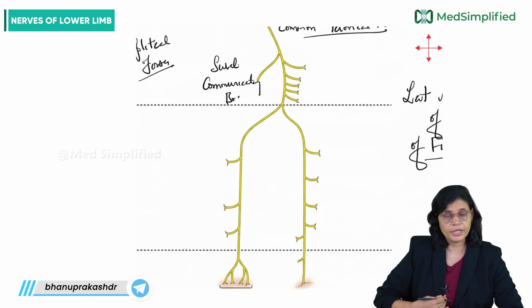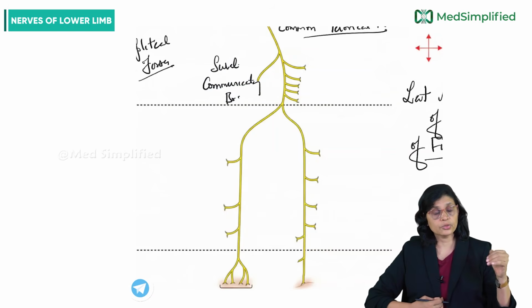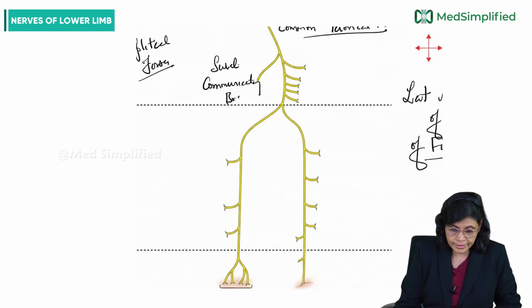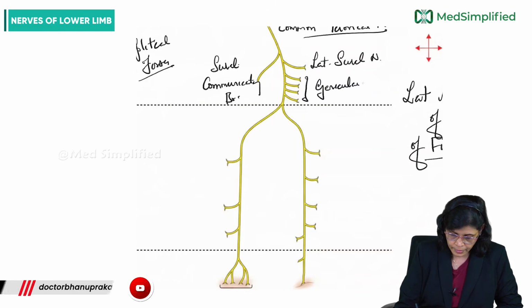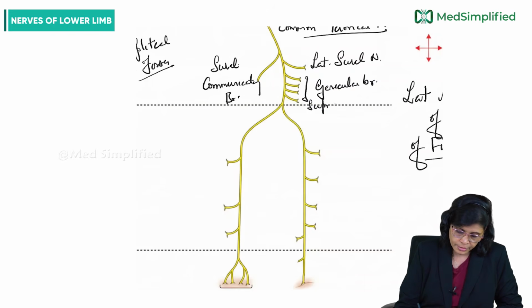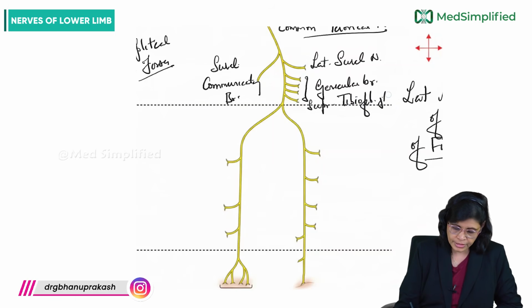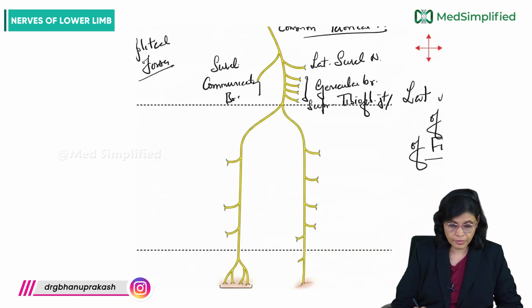This will communicate to the sural nerve, and here we can see the lateral sural nerve. And it gives genicular branches, as well as a branch to the superior tibiofibular joint. So these are the branches given in the popliteal fossa.